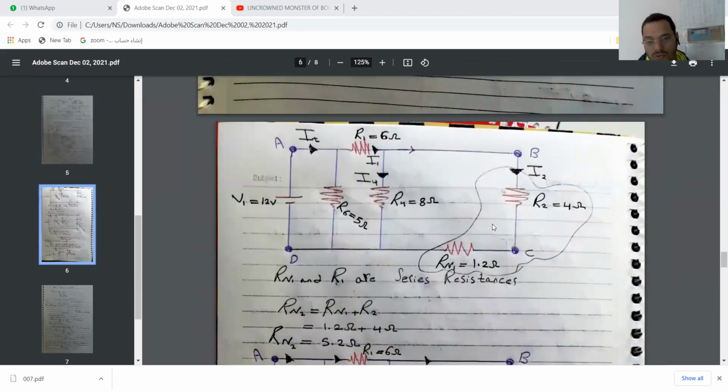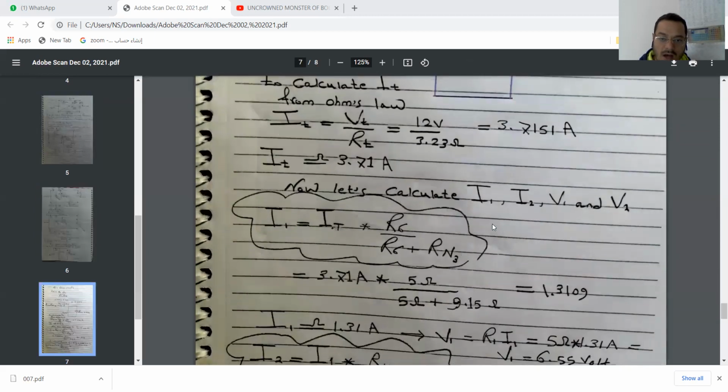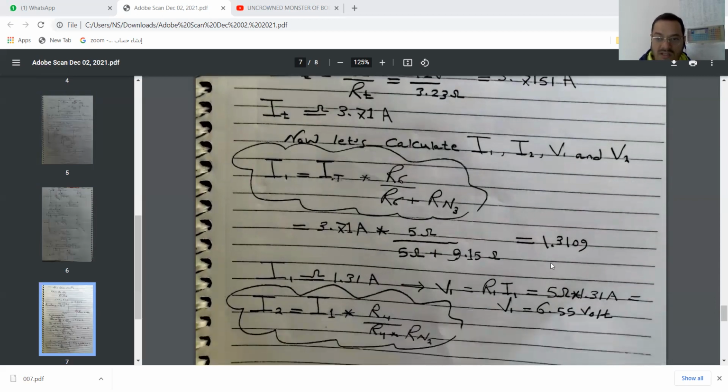I1 equal I total dot R6 divided on R6 plus Rn3, to be like that, 1.31 ohm, and I2 equal I1, not I total, I1 dot R4 divided on R4 plus Rn2.